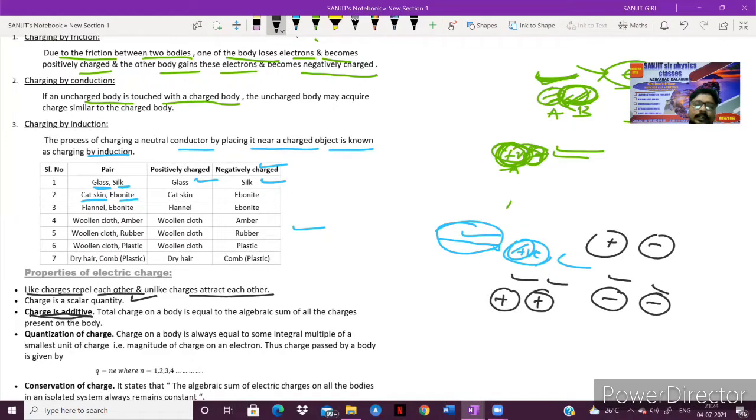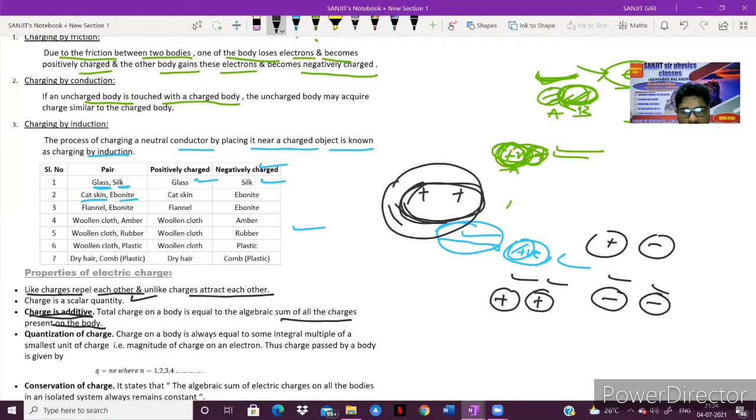That means the total charge on a body is equal to the algebraic sum of all the charges present on that body. If we consider a body having a number of charges, the algebraic sum of the individual charges is equal to the total charge of the body.